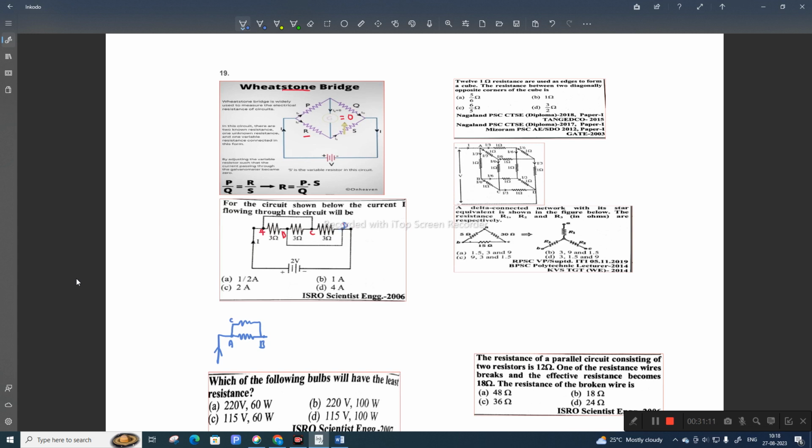This is the D point. And this D point is connected to B, it's already connected in B. Then the circuit gets completed like this.